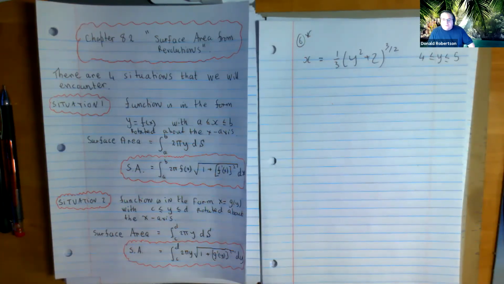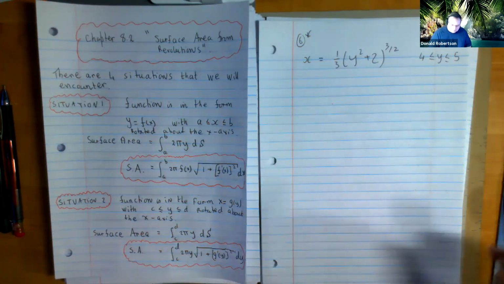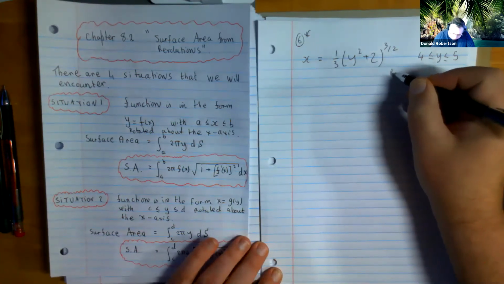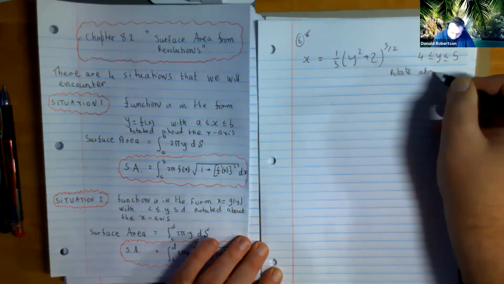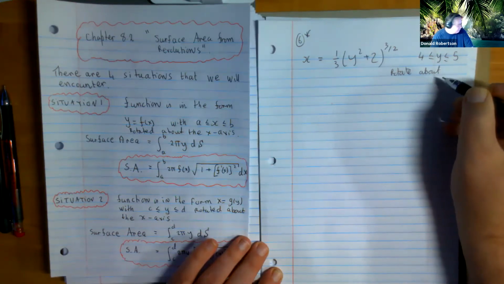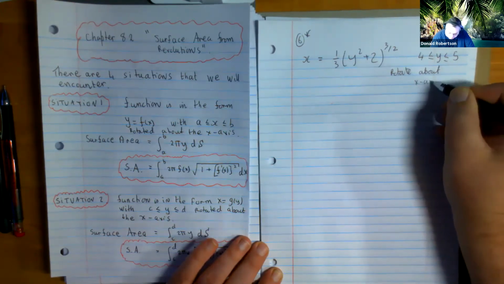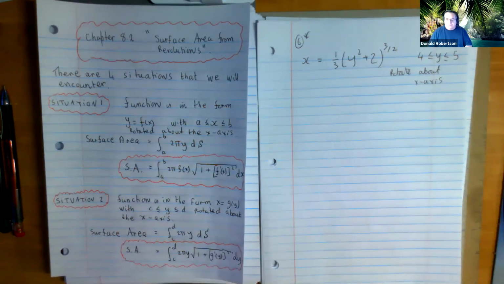Okay, so I guess the most important thing we need to do right now is to figure out which one of these formulas to use. Oh, there's a piece of information I better tell you. I'm going to rotate this about the x-axis, right? If you don't have that, then you're missing something important.